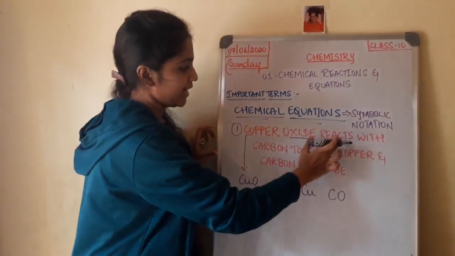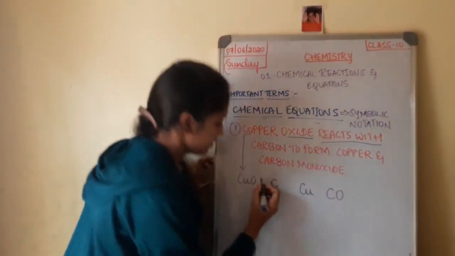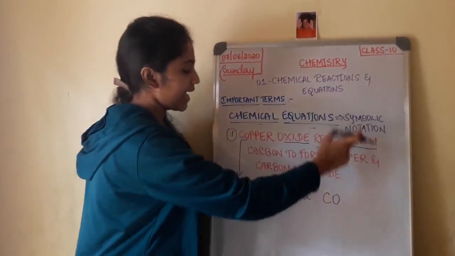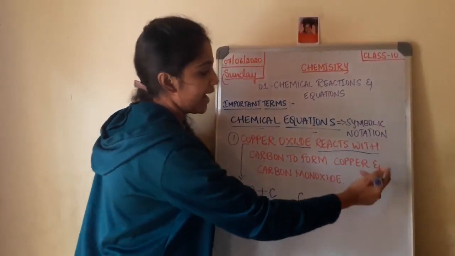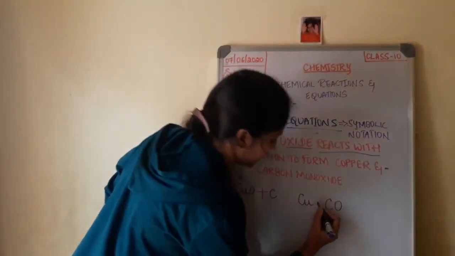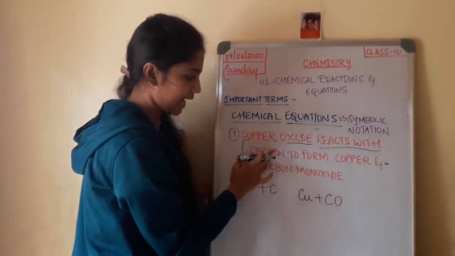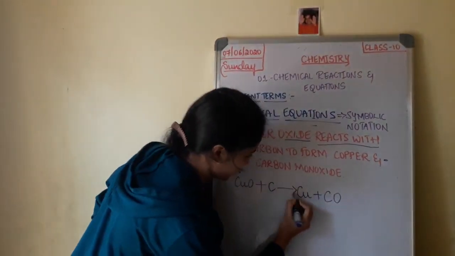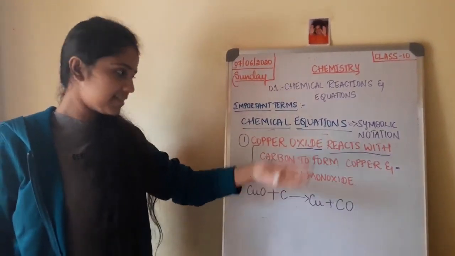So now observe the other words. Copper oxide reacts with carbon, now this is a plus sign. Copper oxide reacts with carbon to form copper and, this is another plus. To form is this one. Now, this is the same as this and this is the same as that.